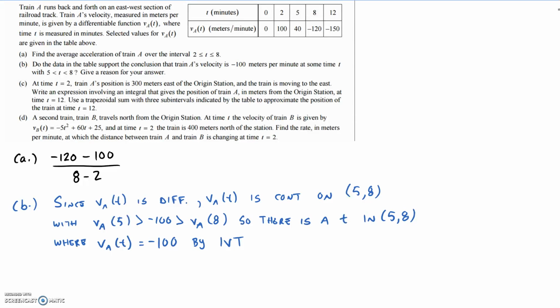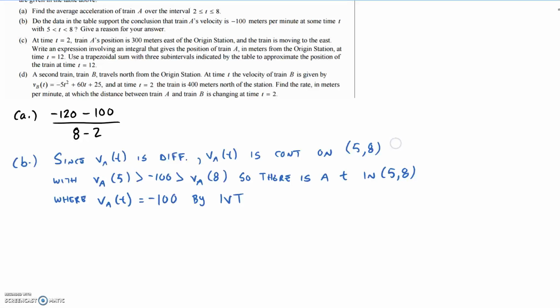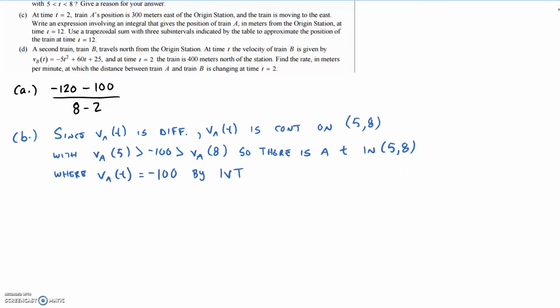Conditions, analysis, conclusion, theorem. Part C tells us that train A's position is 300 meters east of origin station. The train is moving east. Write an expression involving an integral that gives the position of train A at time t equals 12.